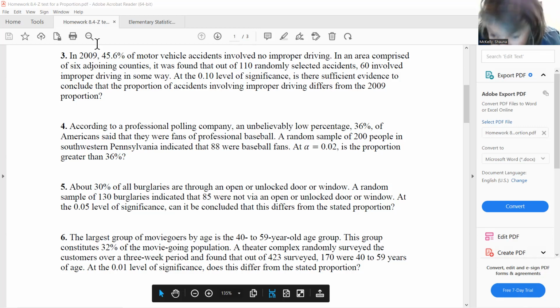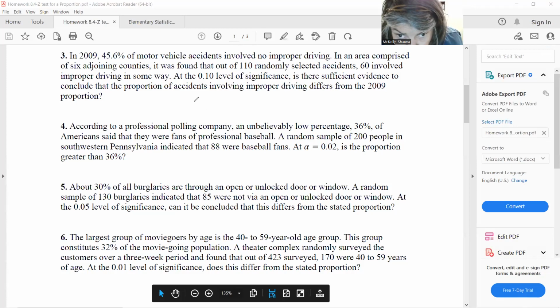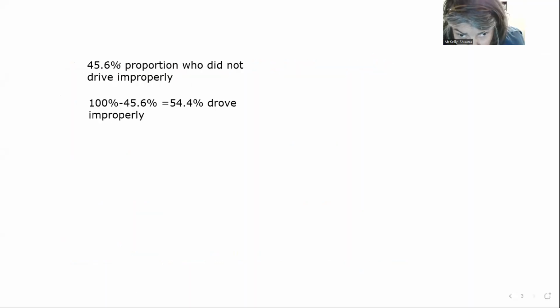Well, in that case, here's what we have. We have to really be careful with this first. These people, this 45.6, they did not drive improperly. These 54.4% drove improperly.